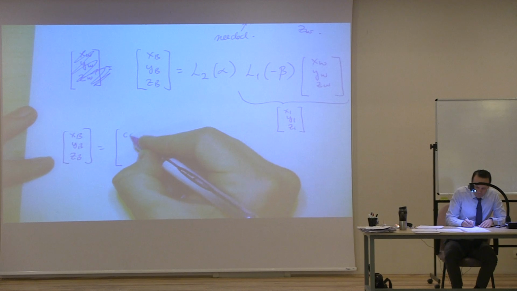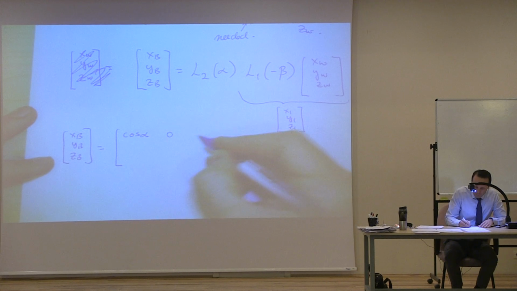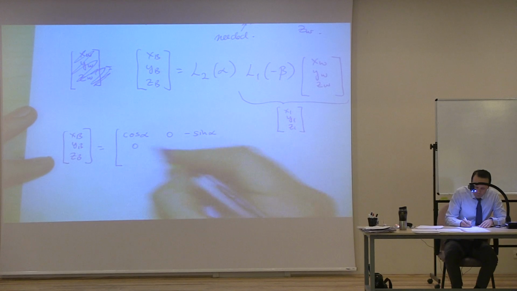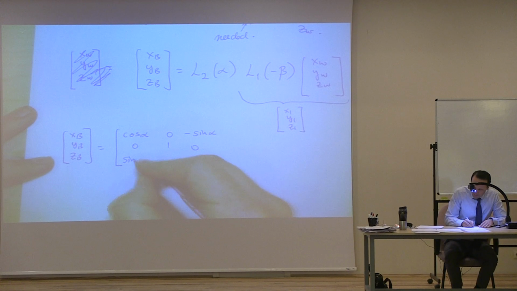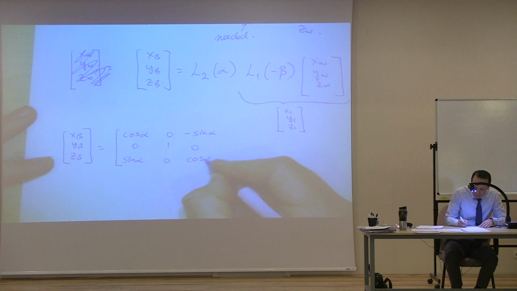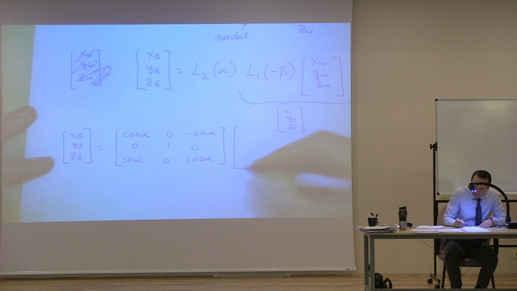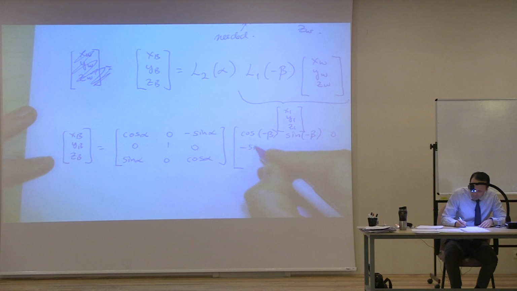So it will be like this: cosine alpha 0 minus sine alpha, 0 1 0, sine alpha 0 cosine alpha, times this one with a minus beta: cosine minus beta, sine minus beta, 0, minus sine minus beta, cosine minus beta, 0, 0 0 1, XW, YW, ZW.